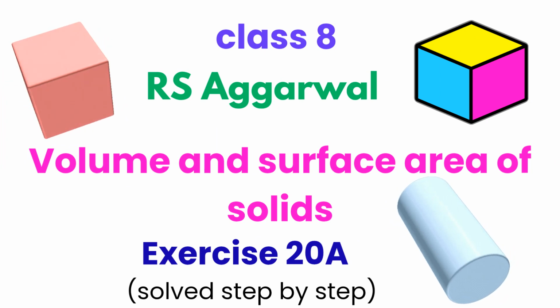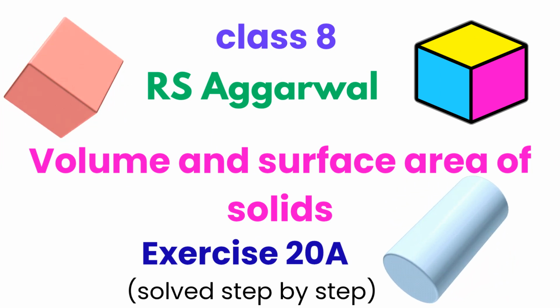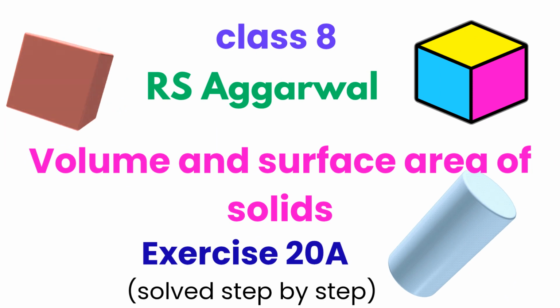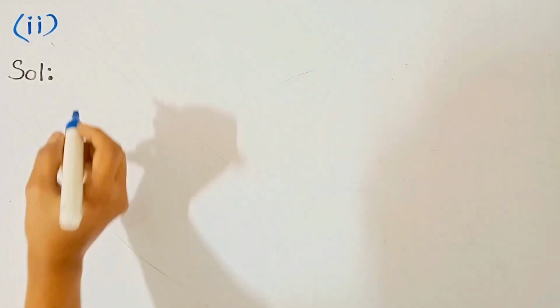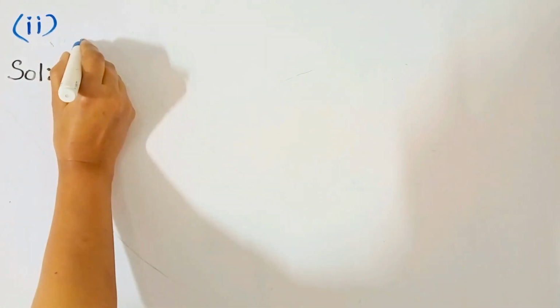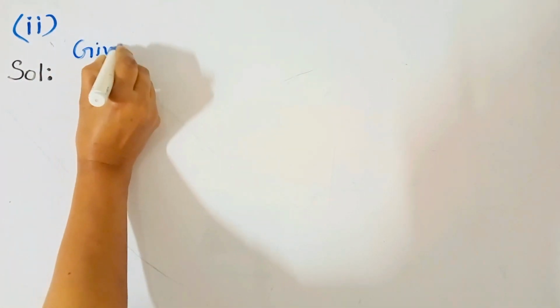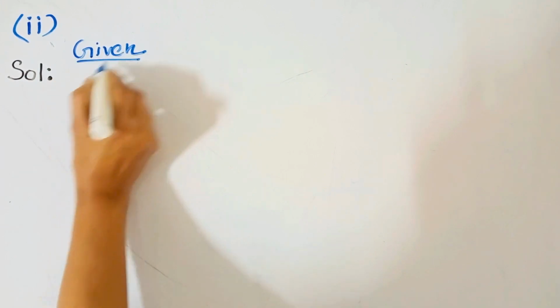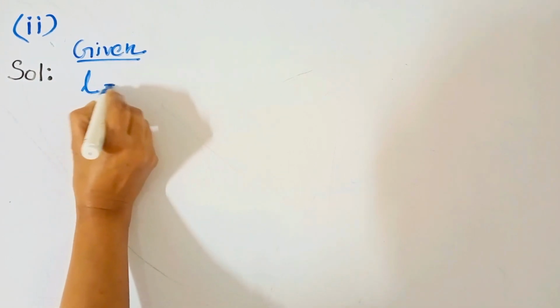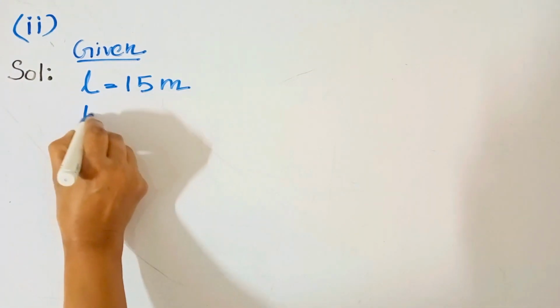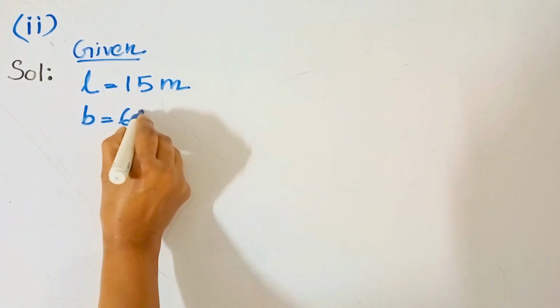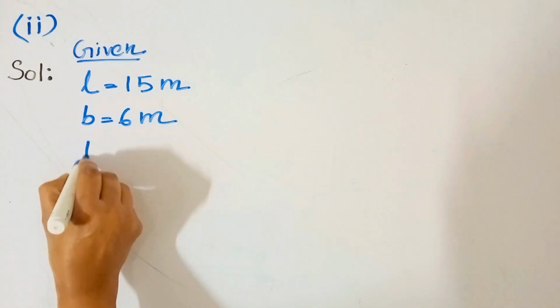Today we are solving a Class 8 mathematics problem from Volume and Surface Area, Exercise 20A. Here the given thing is, length 15 meter, breadth 6 meter and height is 9 decimeter.